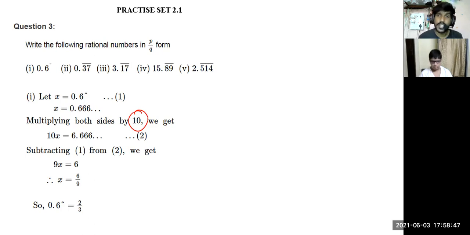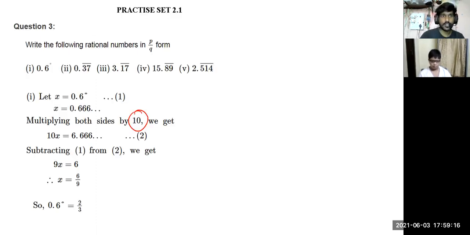So if two numbers are recurring, by which number should you multiply? One number, 10. Two numbers, 2 zeros, so 100. Three numbers, then 1,000. Okay.